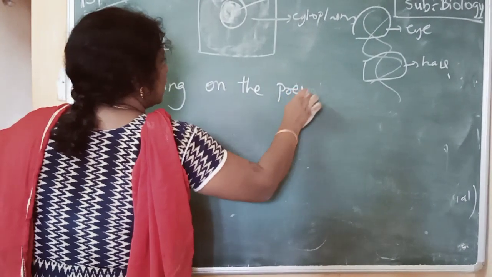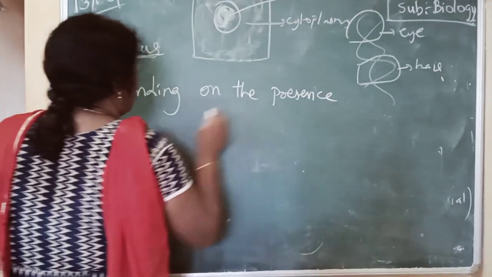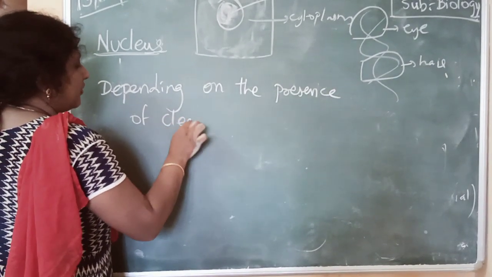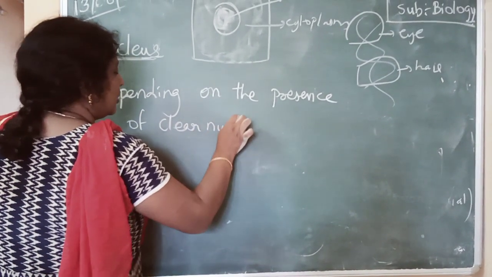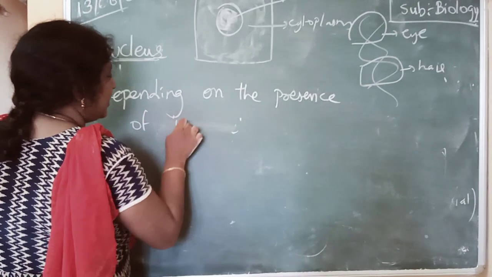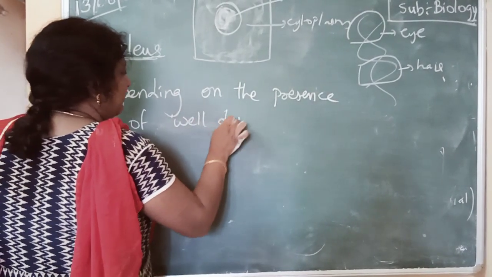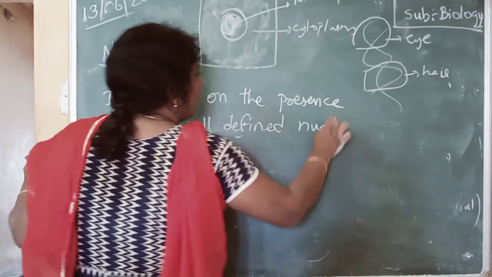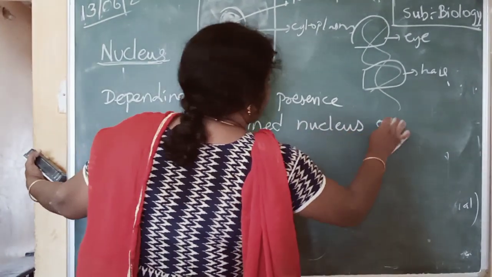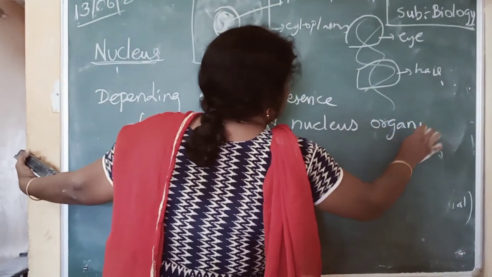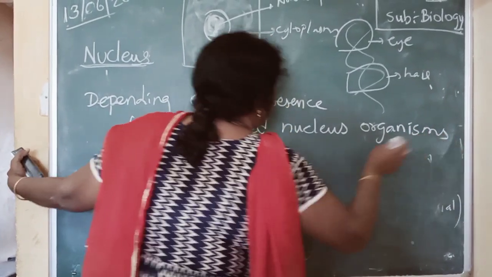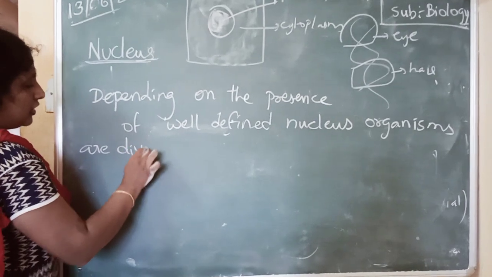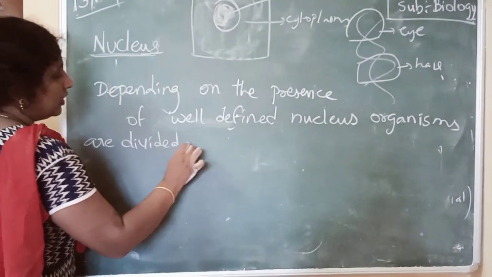Depending on the presence of a clear, well-defined nucleus, organisms are divided into two types.